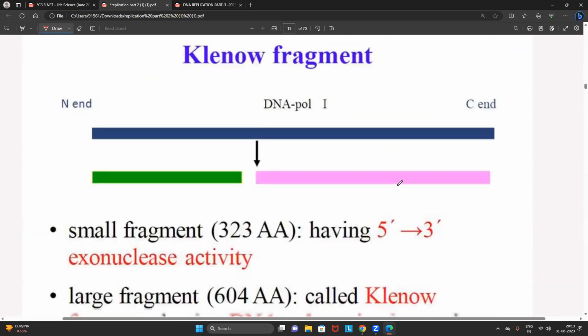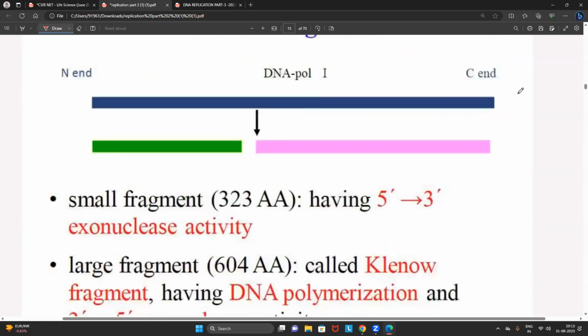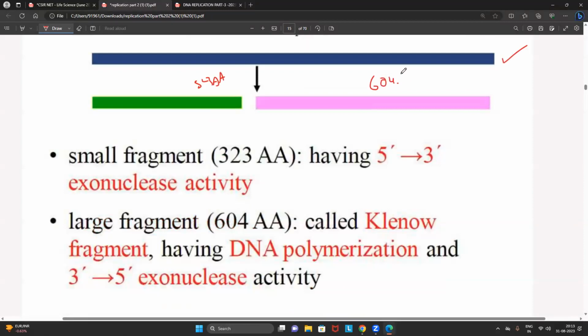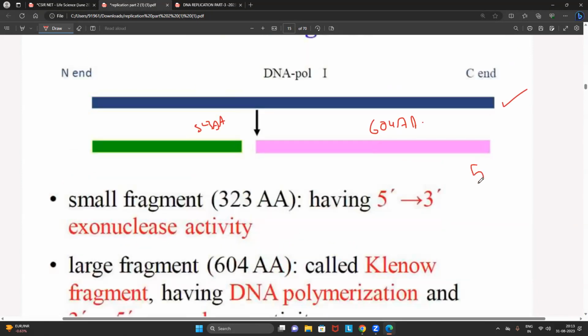Now they got an idea. Every student look into the diagram. This is the structure of DNA polymerase 1. It is cut at 323 amino acids, and the remaining part is 604 amino acids. We just studied that DNA polymerase 1 has a very special activity.